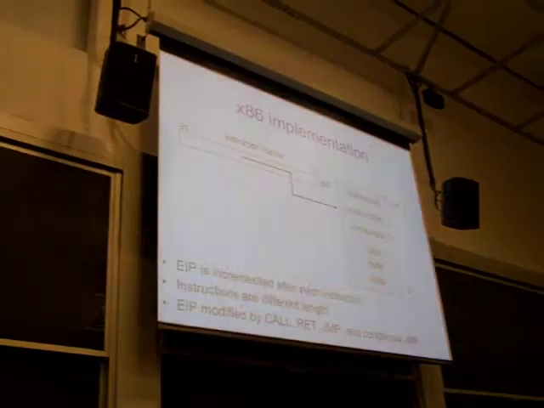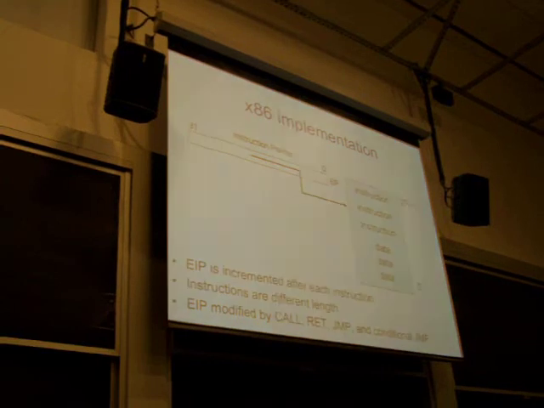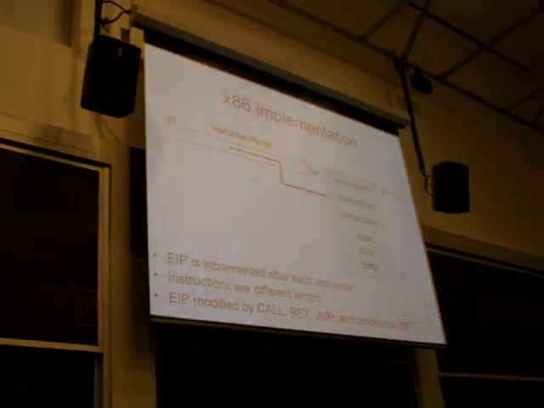This is one level of indirection, which makes the computer much more general purpose, because now you can run any type of computation on the computer by describing it through a set of instructions. The x86 implementation is exactly like that. There's one register called the IP, or instruction pointer, which in 32-bit mode is the EIP, and it points to the next instruction to be interpreted.